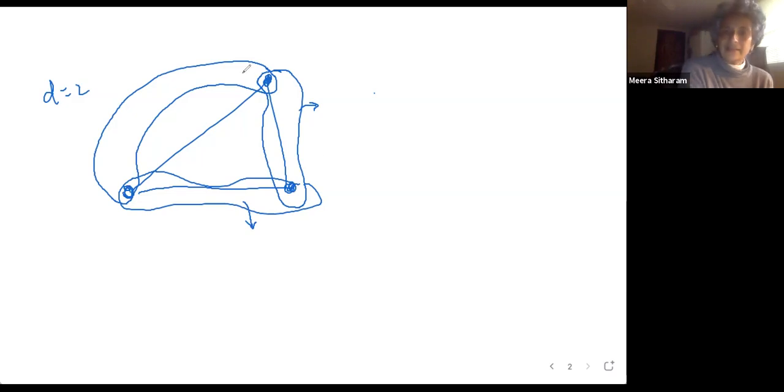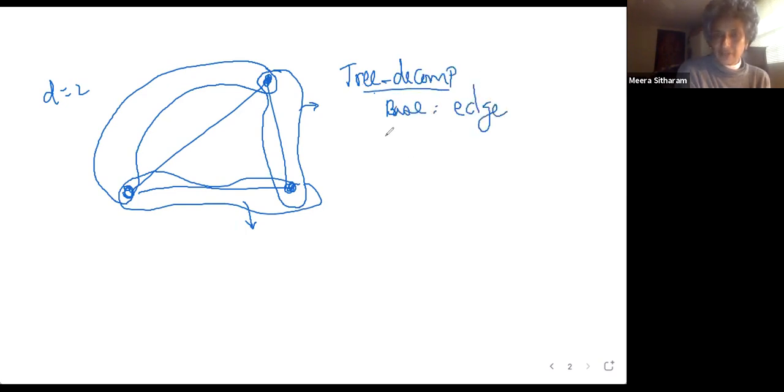Okay, and the base case, a tree decomposable graph, is just an edge. So for a tree decomposable graph, the base case is an edge, and in general, tree decomposable graphs, each pairwise sharing a vertex.